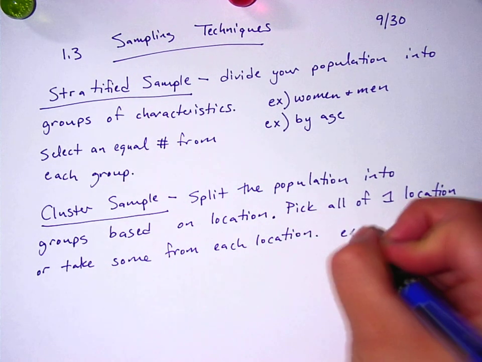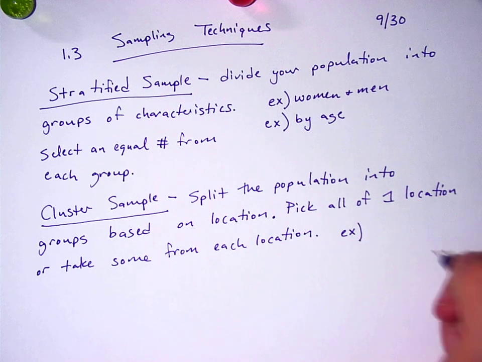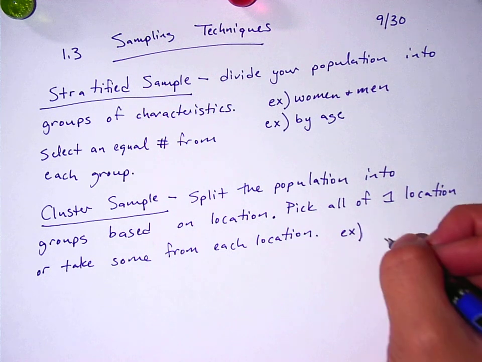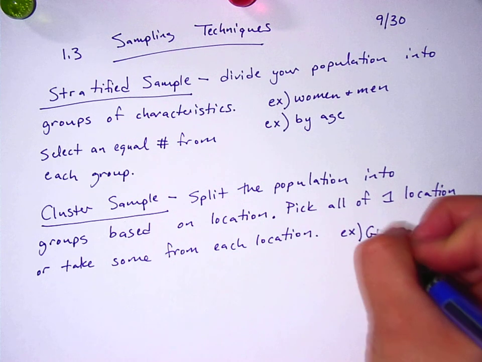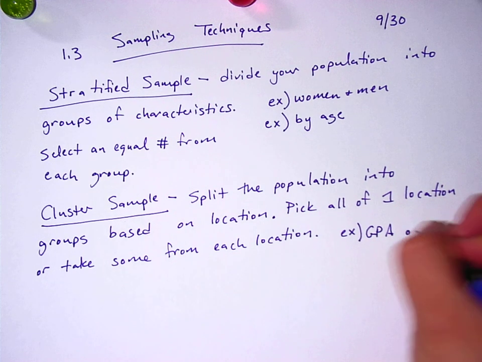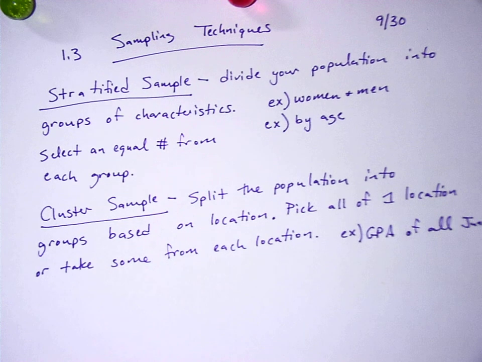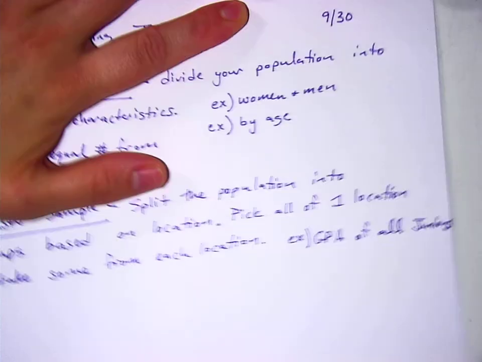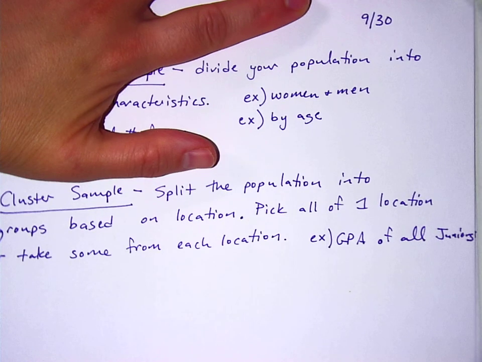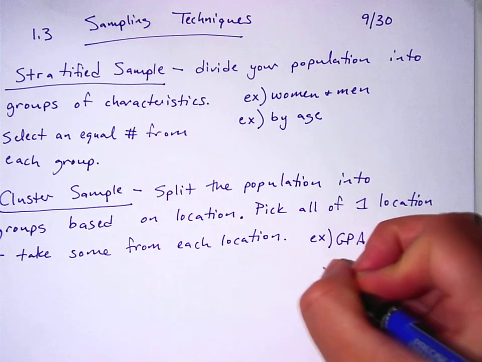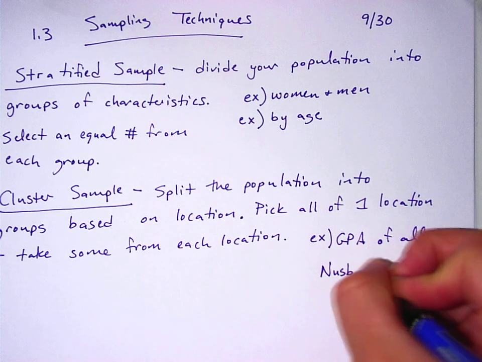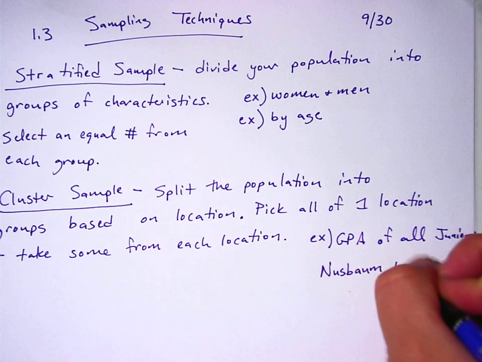A good example of this is like, let's say that you wanted to figure out what the GPA was of all juniors. Well, we know that the juniors are in just a few locations. And one of those locations is my room, because they're in for my homeroom. Wilmus's homeroom.